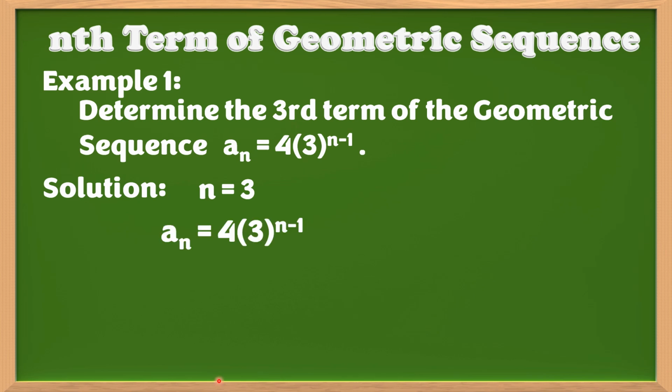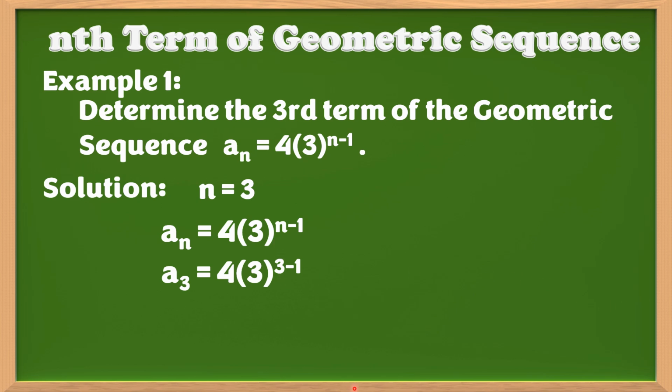The given general term is a sub n equals 4 times 3 raised to n minus 1. Then we're going to substitute the value of n, so we have a sub 3 is equal to 4 times 3 raised to 3 minus 1. We just change n into 3.